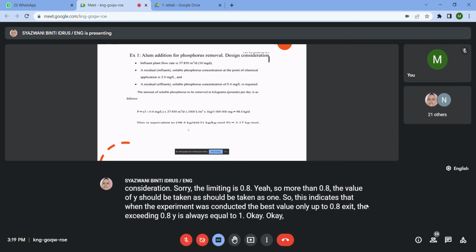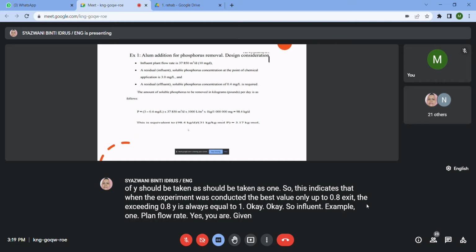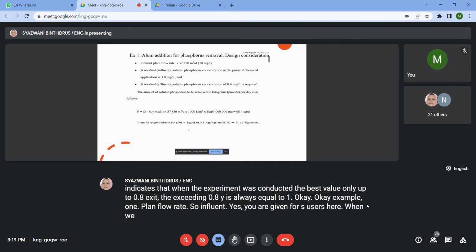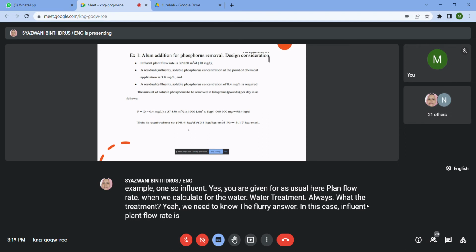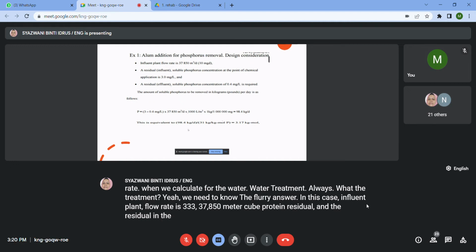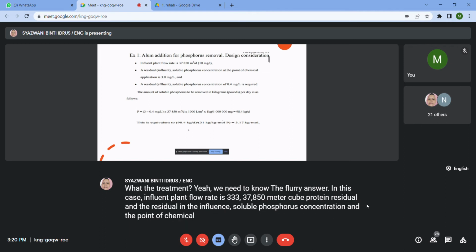Okay, example 1. The influent plant flow rate is given as usual. When we calculate for water treatment or wastewater treatment, we need to know the flow rate. In this case, the influent plant flow rate is 37,850 meter cube per day. The second point is about the residual influent soluble phosphorus concentration at the point of chemical application.